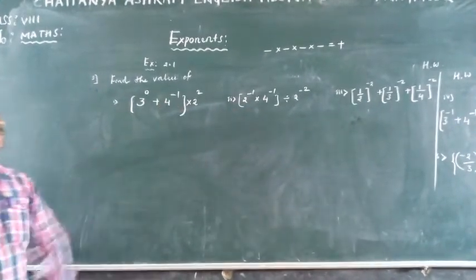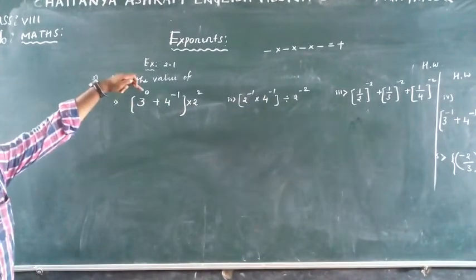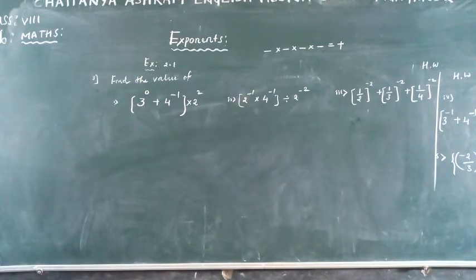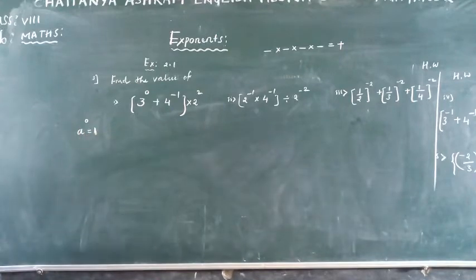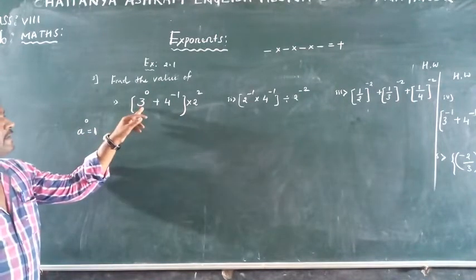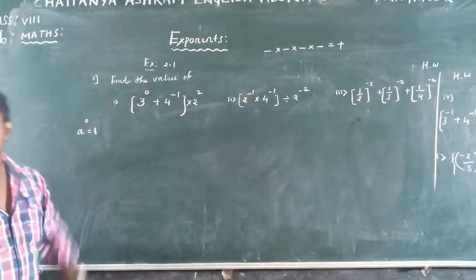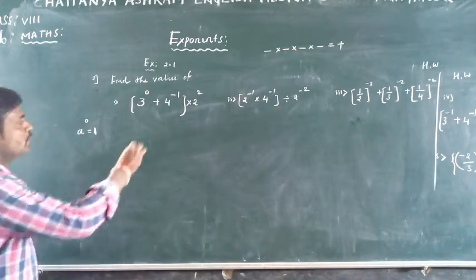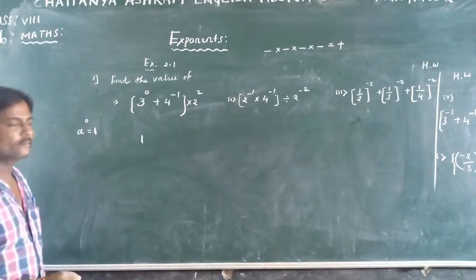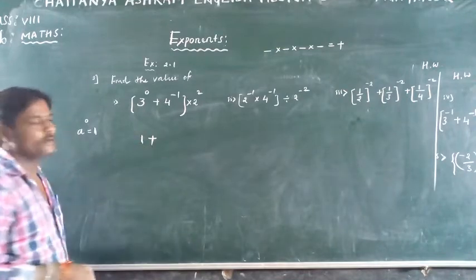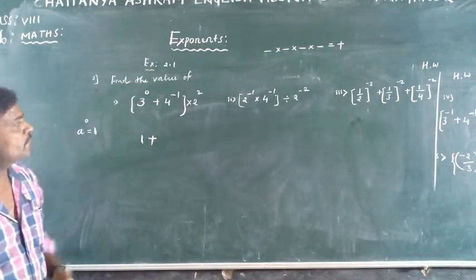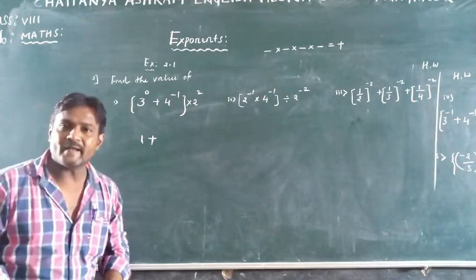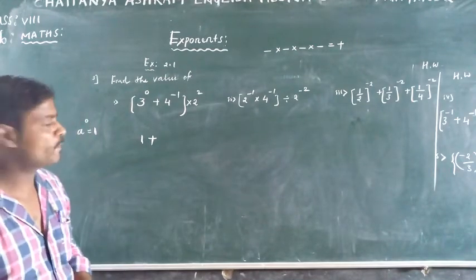Clear? See, 3 raised to the power 0. What is its value? We know that anything raised to the power 0 is always 1. So 3 raised to the power 0, its value is 1. So write here 1 plus 4 raised to the power minus 1. So first convert that into a positive exponent.